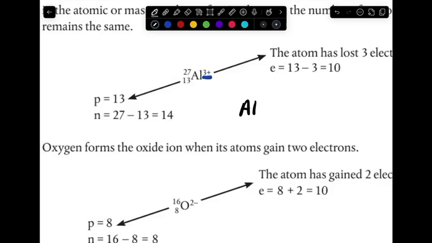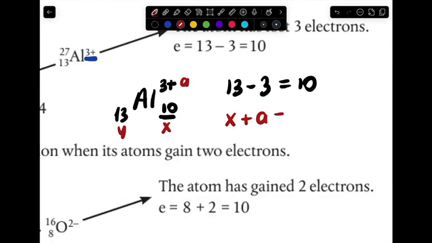So 13 minus 3 equals 10. Another way to calculate this: let's say x is the electron number, a is the ionic charge, and y is the proton number. x plus a always equals y. So the electron number plus the ionic charge always equals the proton number.